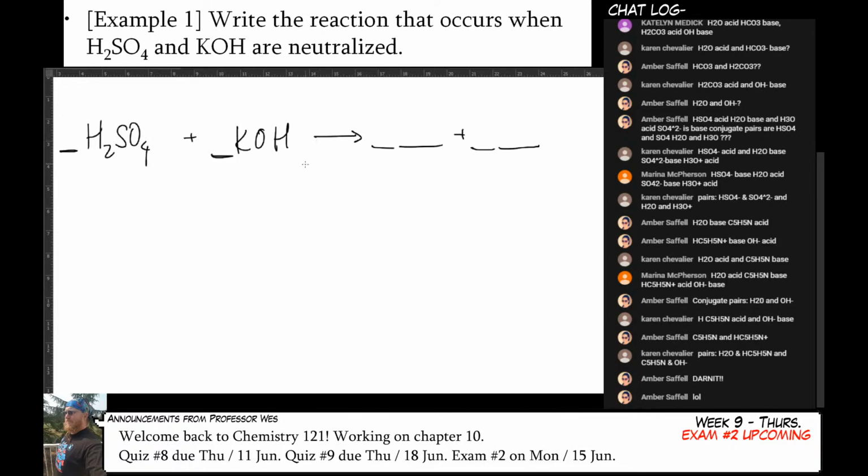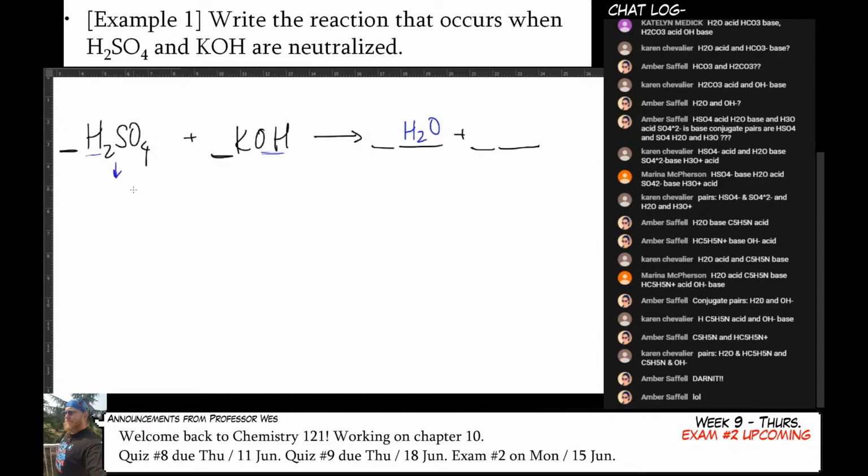But when we do this reaction, it is a hydroxide-containing base, so we're going to make water. So water is one of the products. How much water will we make? Will we make one water? Will we make two water? It's hard to say until we break apart all the pieces. So first and foremost, let's split our acid into pieces.